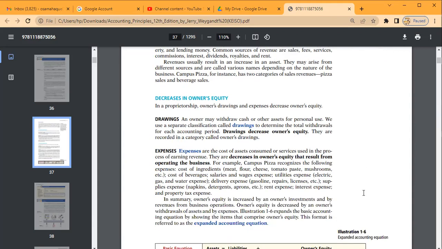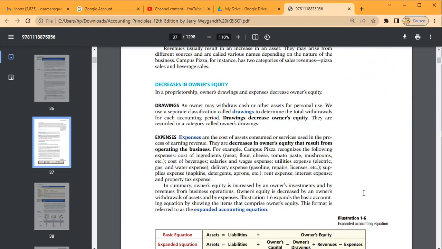What are the factors which could decrease owner's equity? Number one we have drawings. When the owner withdraws cash or other assets for personal use. If I withdraw cash, if I withdraw any asset for my own use, that will be part of drawings. And the drawings are going to decrease owner's equity.